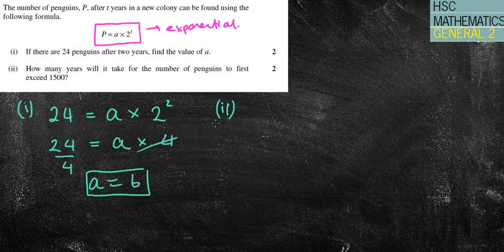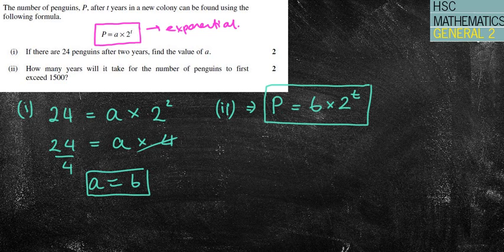Part 2. How many years will it take for the number of penguins to first exceed 1,500? Okay, well that means what I'm going to do is rewrite the equation with the A value in it. So I'm going to put P equals 6 times 2 to the power of T, because we've just found the value of A in the equation.